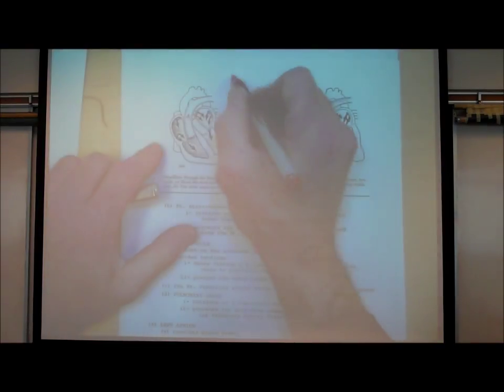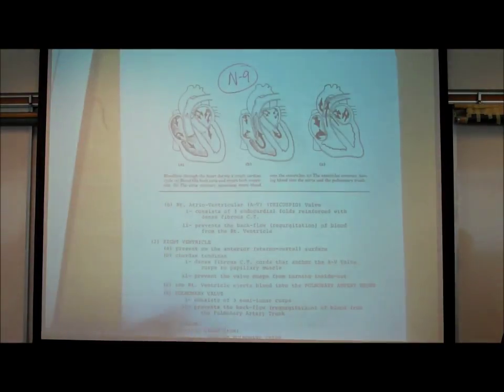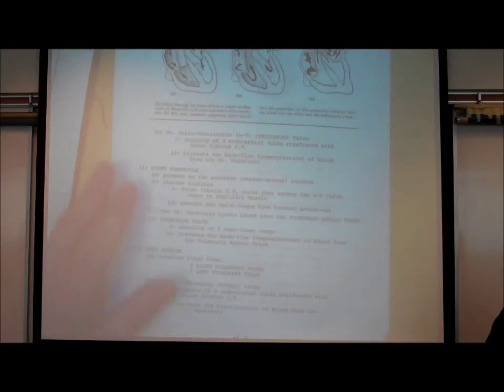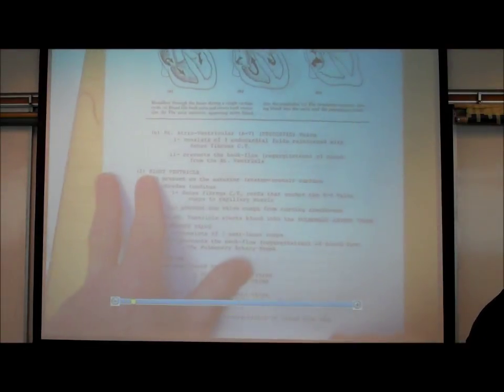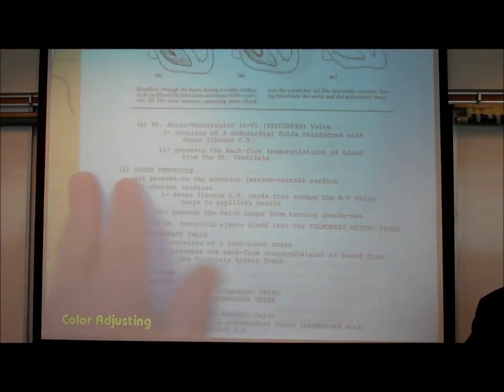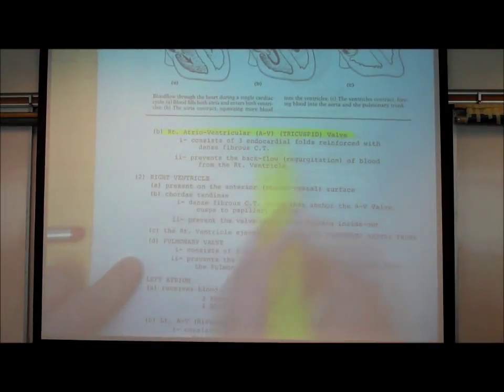This is page N9. So I wrote on N9, the right atrioventricular, or AV valve, which is also known as the tricuspid valve.